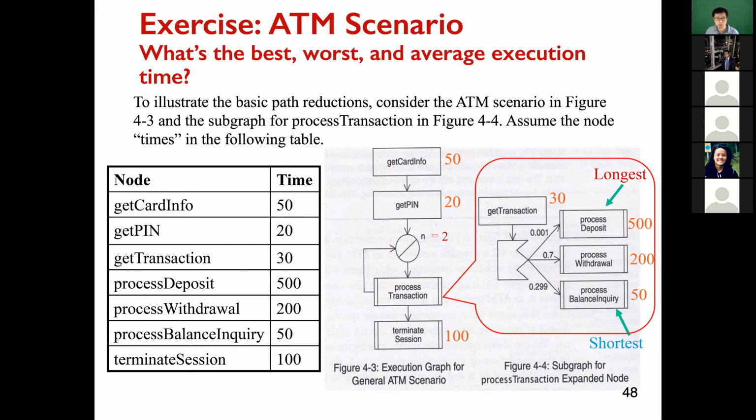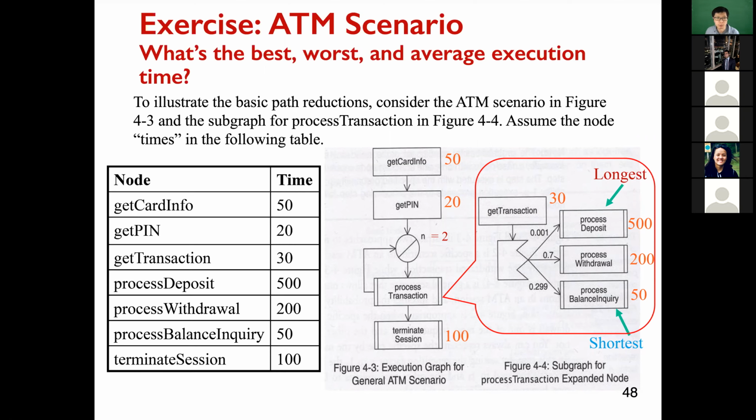For the best and worst cases: the best case for process transaction is just 30 plus 50, and the worst case is 30 plus 500. For the average case, it is 30 plus a weighted sum of the three possibilities.